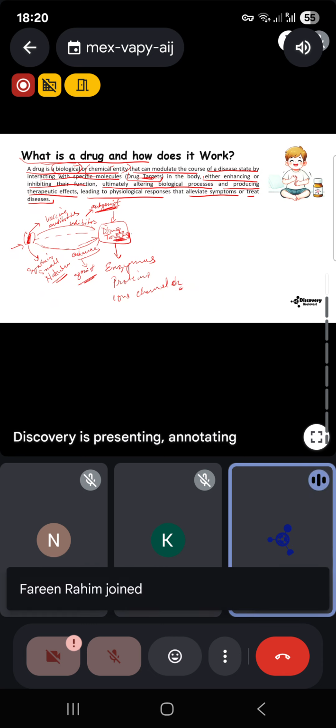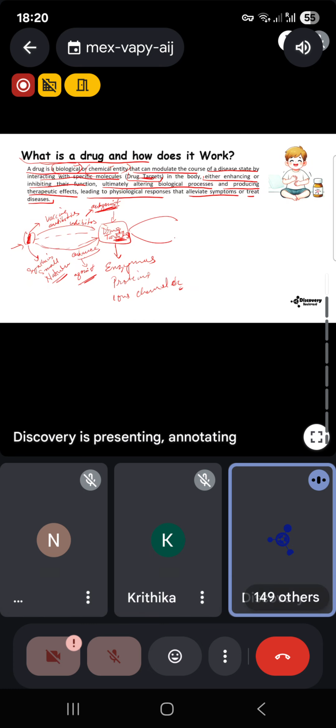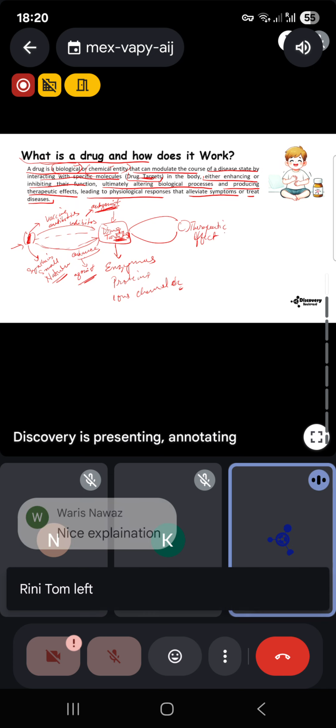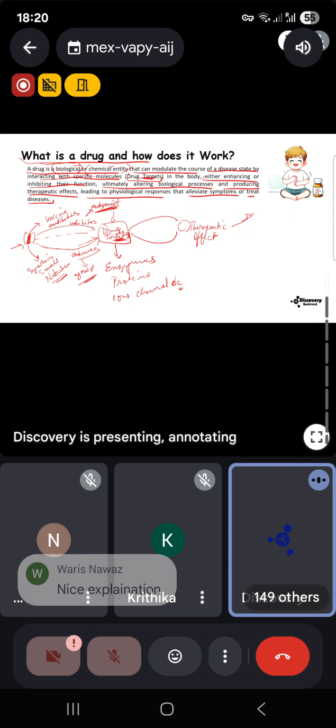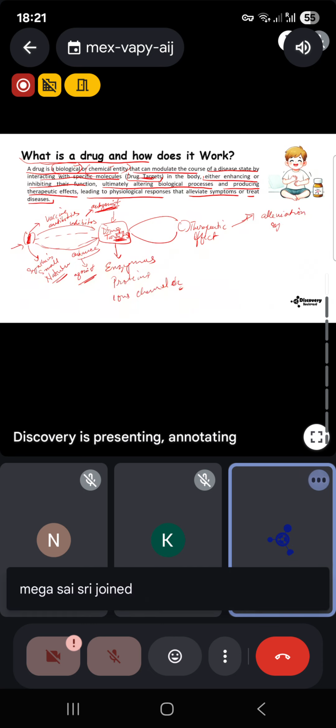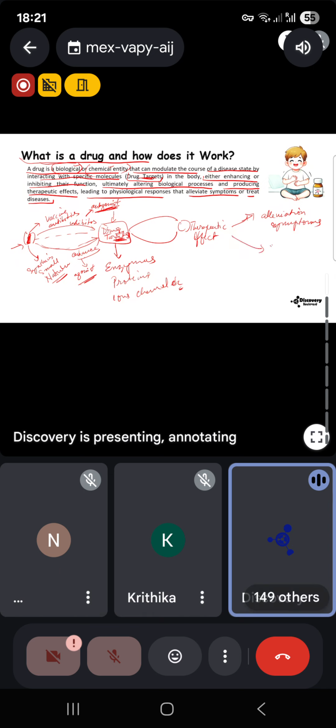When they interfere or manipulate the function of this drug target, this leads to some biological changes, and that leads to a therapeutic effect. This can be in the form of alleviation of the symptoms of the disease condition, or complete treatment of the disease.